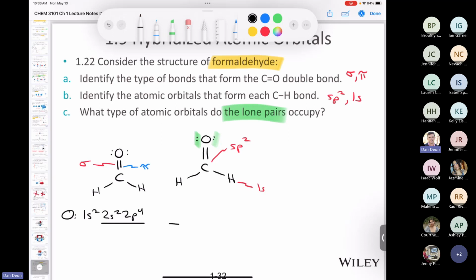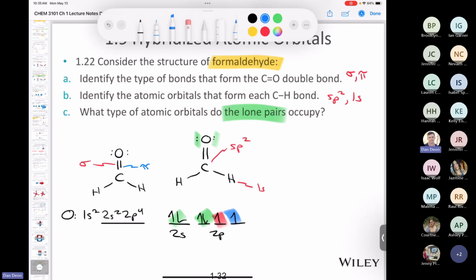So if I draw a 2s orbital, it's got 2 electrons, and then I've got 3 2p orbitals, 1, 2, 3, 4. Now, if you're looking at what I've drawn here, you might say, hey, this is awesome. I've got the 2 lone pairs, then I've got a sigma bond, and I've got a pi bond. Everything's great. I need 1 electron from the oxygen to make a sigma bond, 1 electron from the carbon, pi bond, et cetera, et cetera.